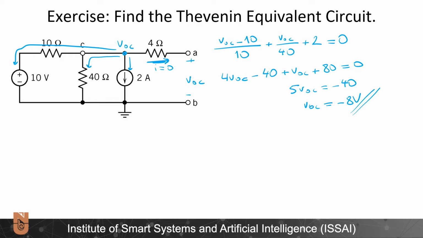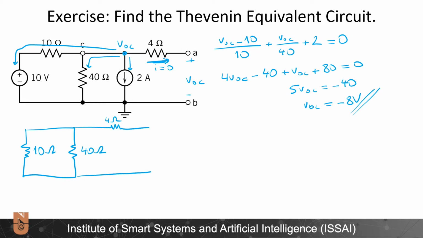Let's then find the Thevenin equivalent resistance by short circuiting the voltage sources and open circuiting the current sources. The equivalent circuit, the resistor network, will be 10 ohms in parallel with 40 ohms, and here we will have a 4 ohm resistor. As you can see, I don't have the current source here, and the voltage source is short circuited.